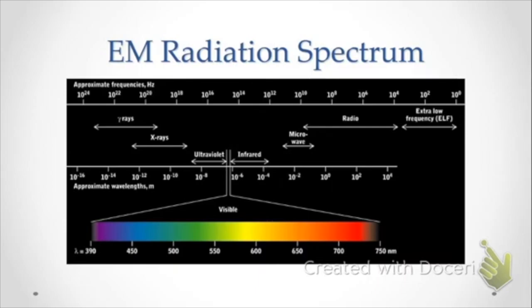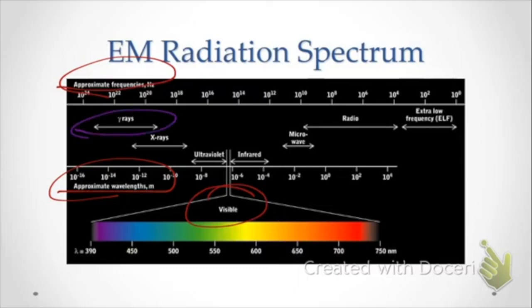So we have electromagnetic radiation oscillating, and we have this spectrum here that shows the different types of electromagnetic radiation and the frequencies and the wavelengths corresponding to those different types of radiation. We'll note over here on the high frequency side, we will have gamma rays and X-rays, which are lower frequency than gamma rays.